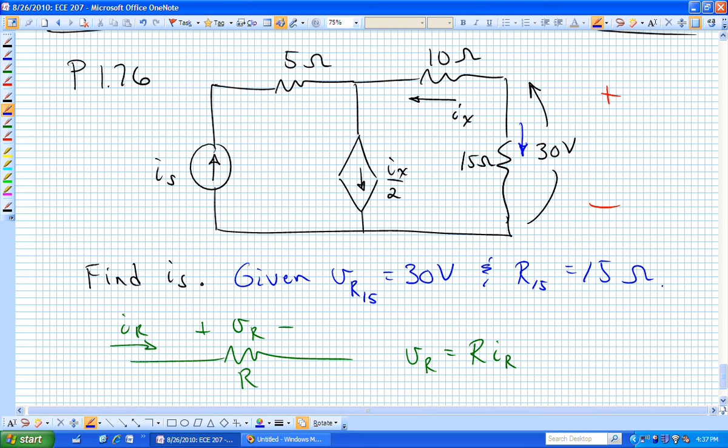Let me put a blue current in here and, by convention, call this I sub R15, because that's how I want to see that current through that resistor. I want it to go down through the positive terminal of resistor 15. And then I know that that 30 volts is equal to 15 times I sub R15. Does that make sense?